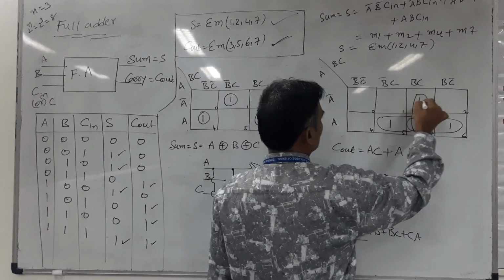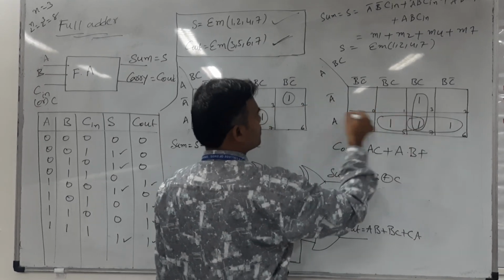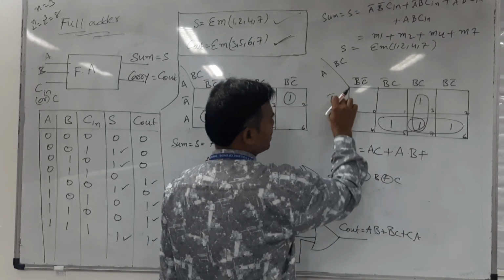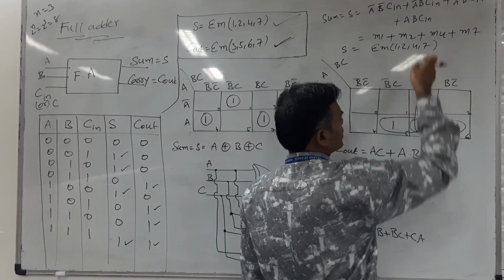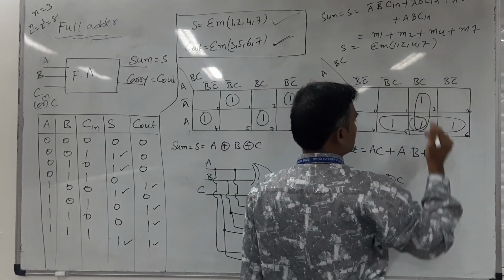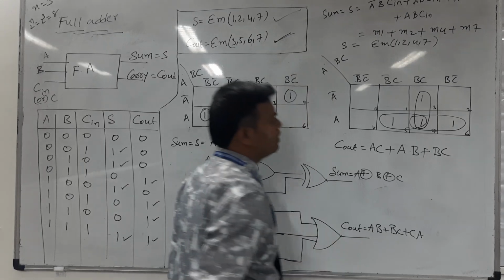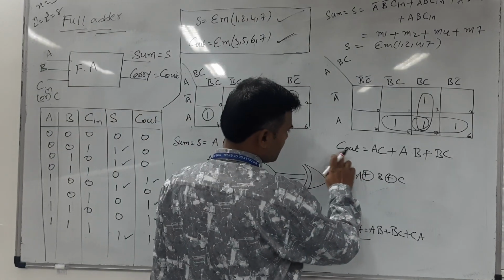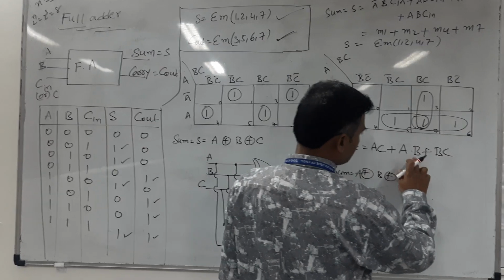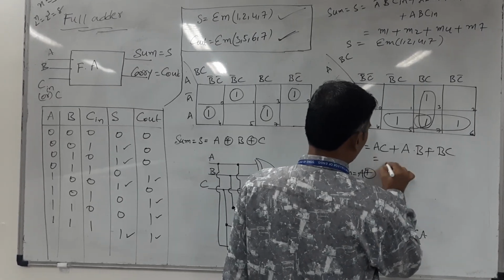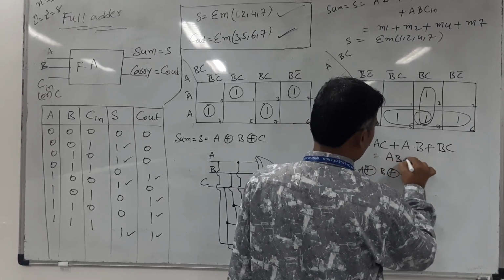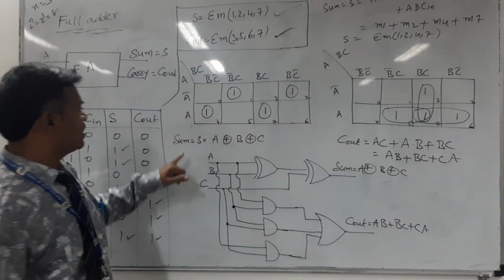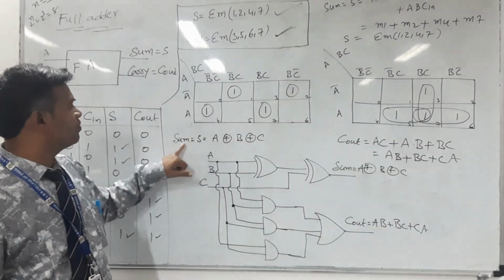These two go to the corresponding rows; the literals A and A bar cancel each other, and in the corresponding column the min term is BC. Therefore, the simplified Boolean expression is Cout equal to AC plus AB plus BC. I am writing it in order: AB plus BC plus CA. So these are the simplified Boolean expressions for the full adder.